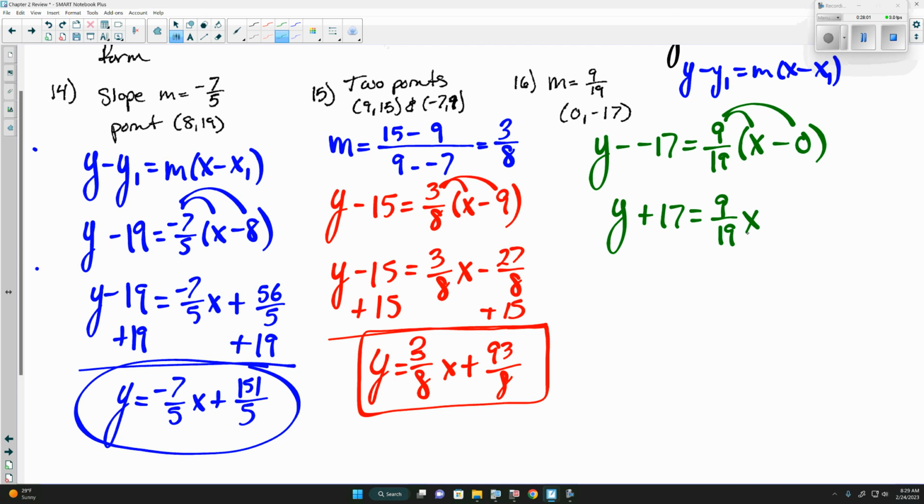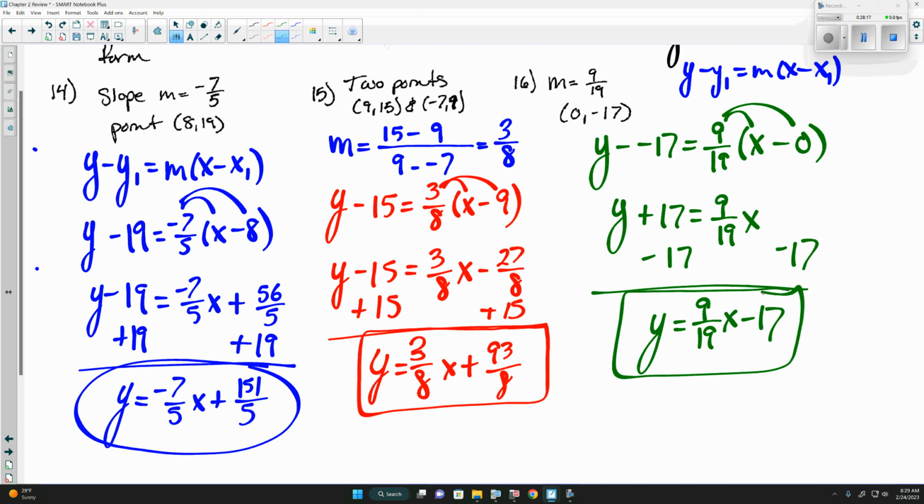And 9/19 times 0 is 0. Minus 17, telling us y is equal to 9/19 x minus 17. Any questions on any of this here?